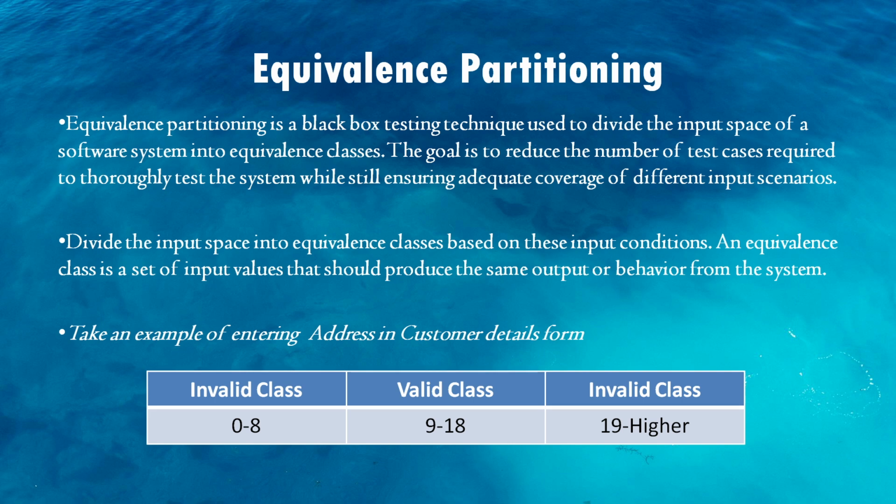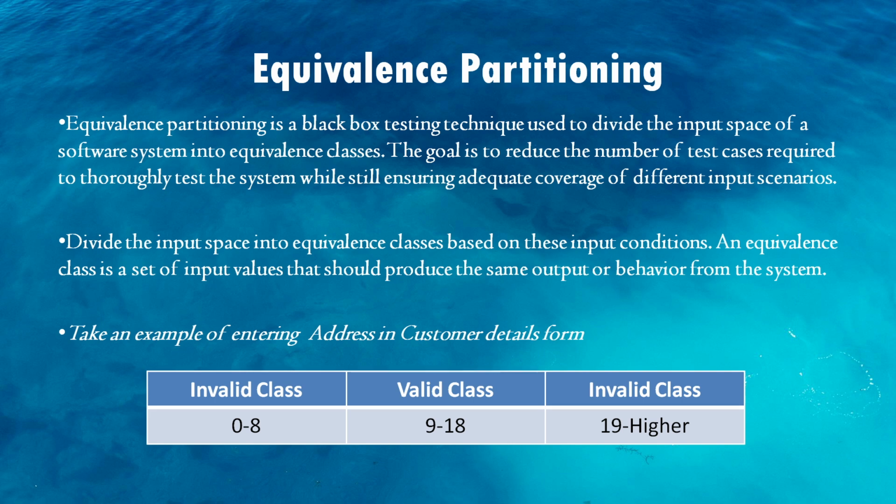Think about an address field, where we would enter at least 10 characters. If for that simple address field you write 15 or 20 test cases, the time taken to write the test cases and to execute them will be very high.